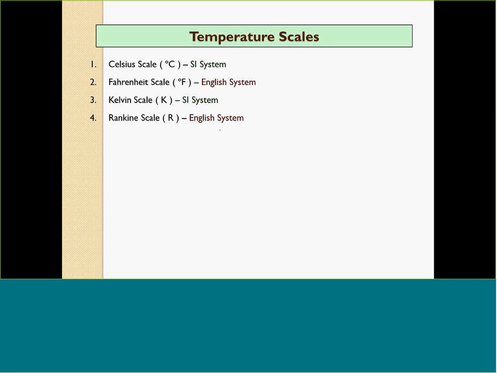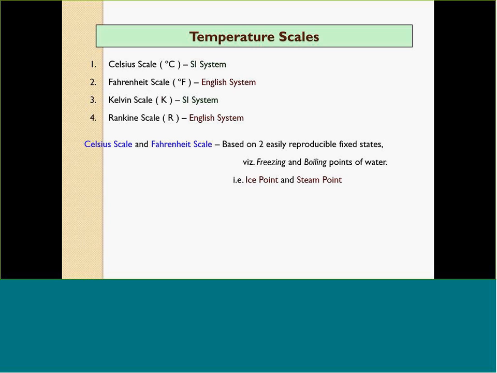For the temperature scale, as you know, we're going to have 4 kinds of temperature scale. We have the Celsius scale system, the Fahrenheit scale system, the Kelvin scale system, which is the SI scale system, and the Rankine scale system. Only the US and also Jamaica use the Fahrenheit scale and Rankine scale system.